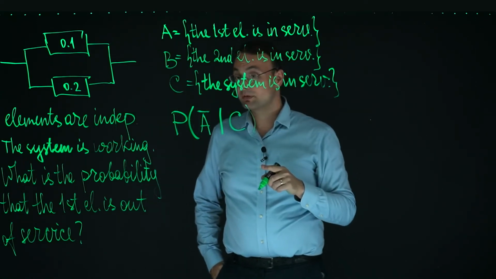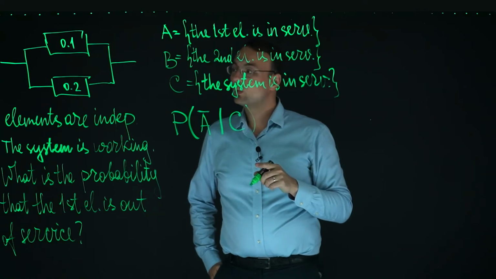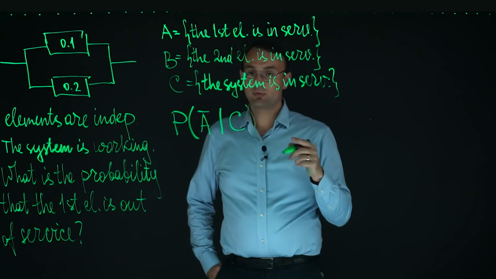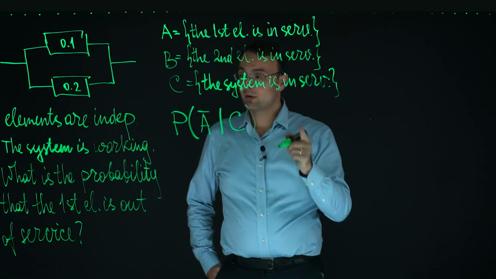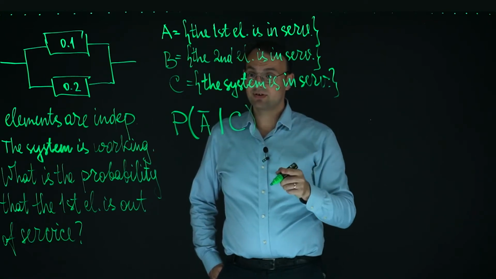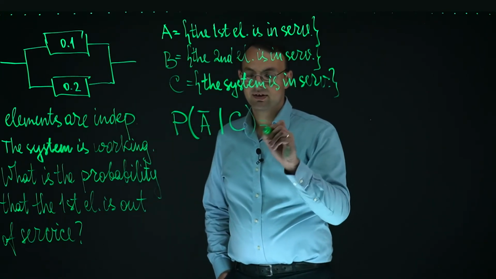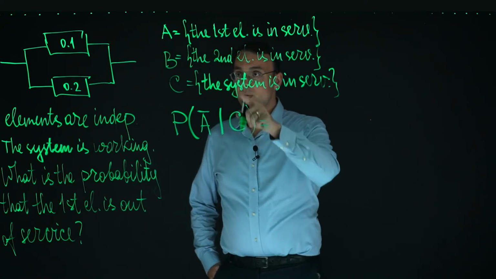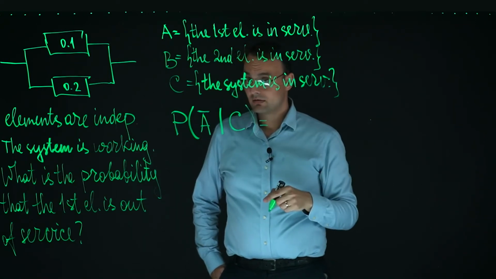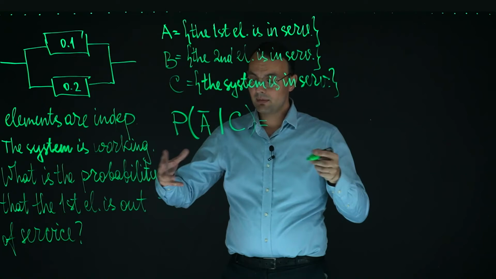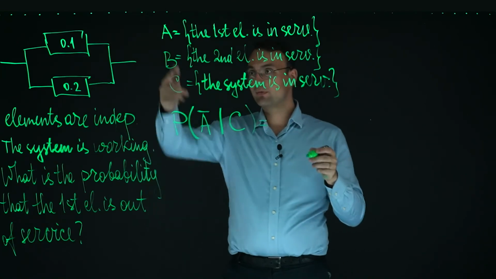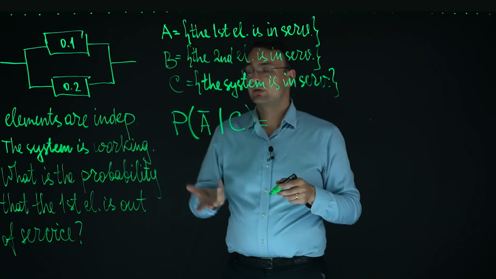And he will be right, because we are told that the system is working if at least one of two elements is in service. So that means that C is equal to A union B. So A union B means at least one of two events occurred.